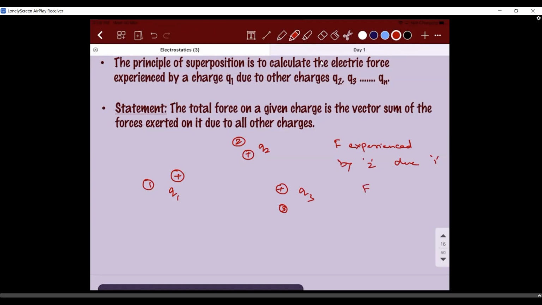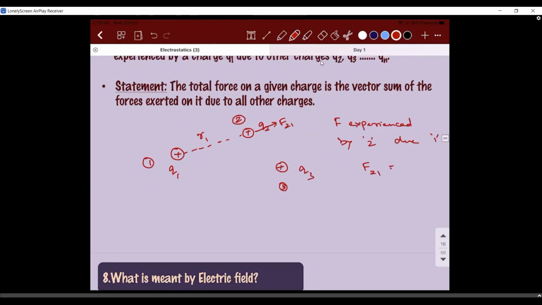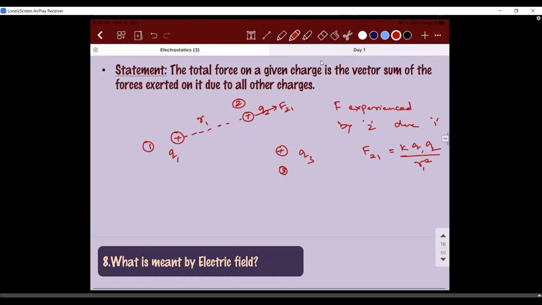You call it F21, right? And when you draw a line, this is the direction in which it is going to experience the force. That is F21. If I know the distance of separation between them as R1, I'll be able to write Coulomb's law as F21 is equal to K into Q1 Q2 divided by R1 square. Right, this is a simple thing.